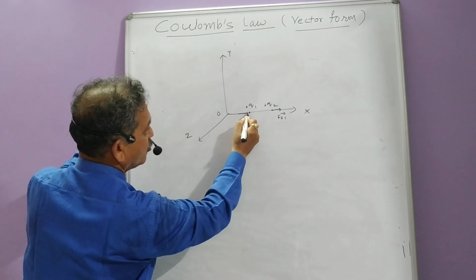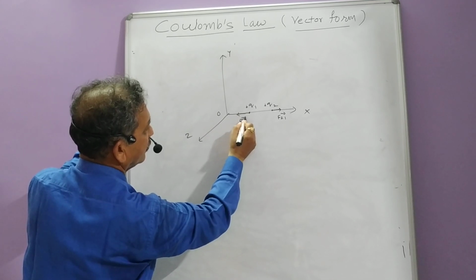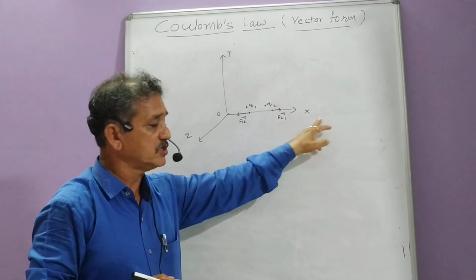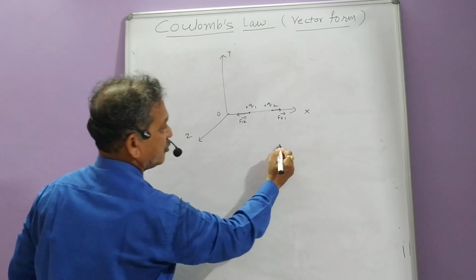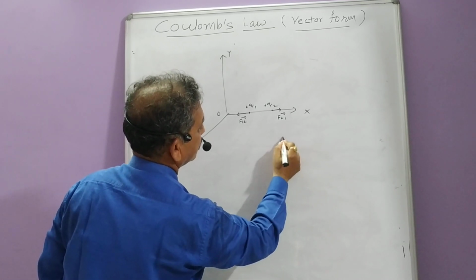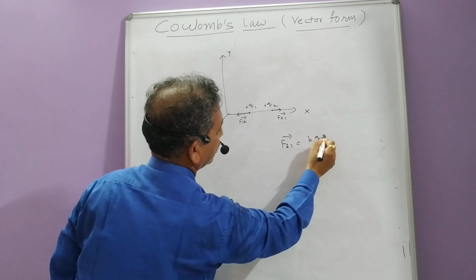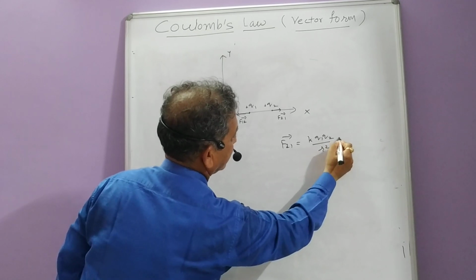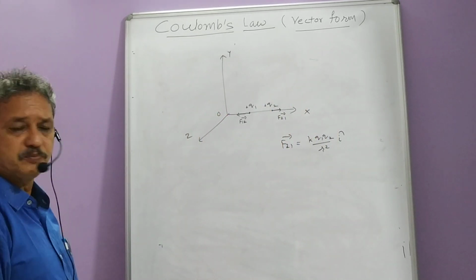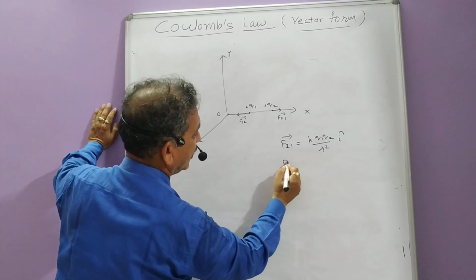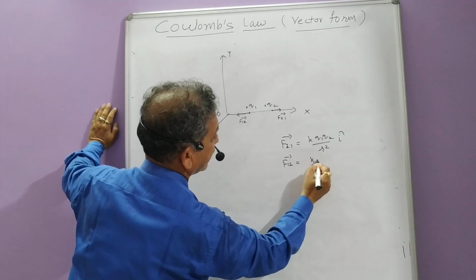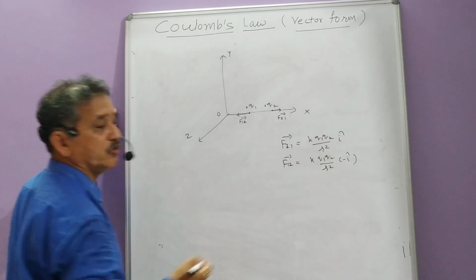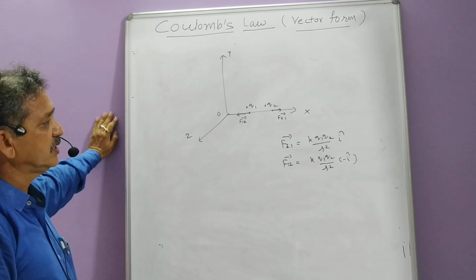The force acting on charge Q1 by Q2 will be F12. F21 is along the positive x-axis, so this vector F21 is given by K Q1 Q2 upon R square, if I say the distance is R, into unit vector i. But at the same time, this F12 can be written as K Q1 Q2 upon R square into minus of unit vector i.